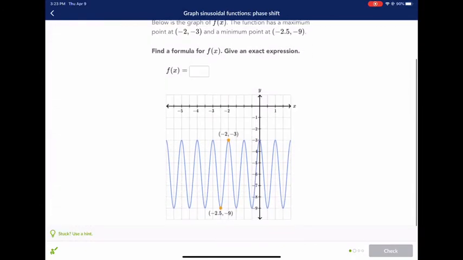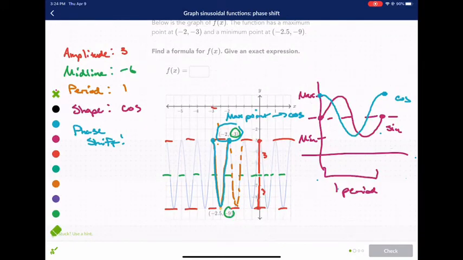And the very last thing is going to be the phase shift. Cosine starts on the positive x-axis. I'm sorry, positive y-axis. For my cosine graph, I'm going to erase this bit here. I'm going to use this particular period of my cosine graph. Doesn't matter, I could have used the other one.